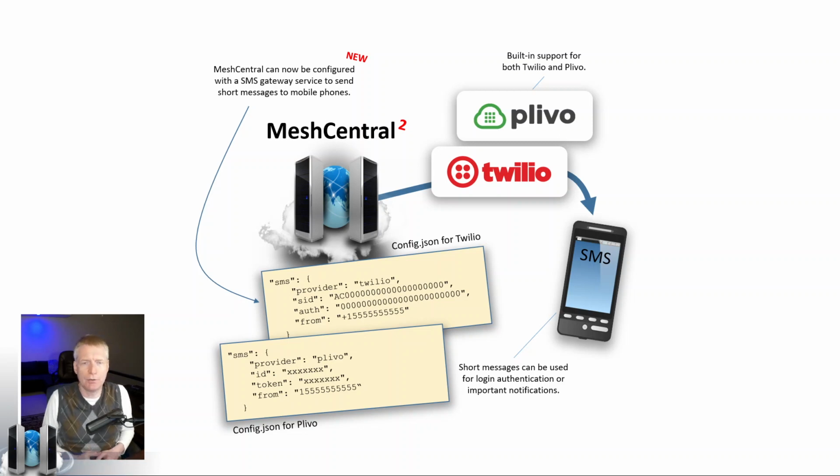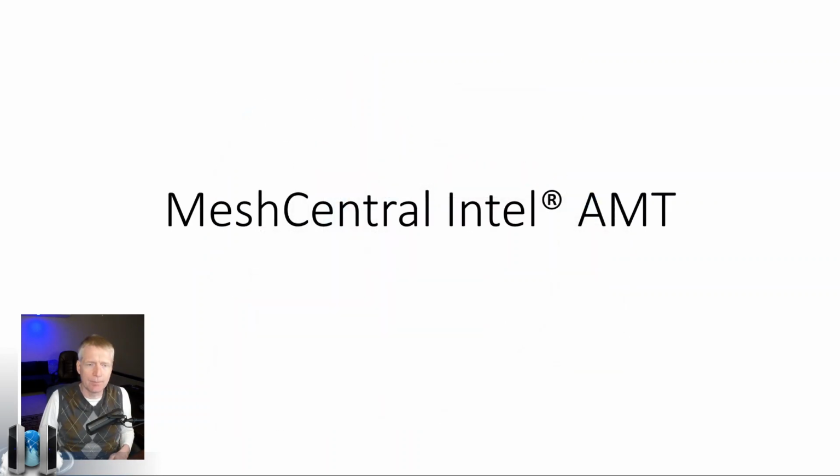So MeshCentral has support for Plivo and Twilio. Those are SMS services. You can get a free account, and then you set up your account with that information with the MeshCentral in the config file, and then MeshCentral will be set up to do SMS. It looks really sharp and professional to have that set up.